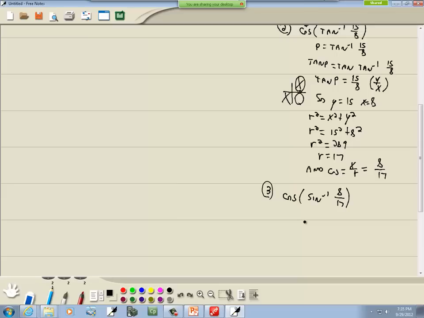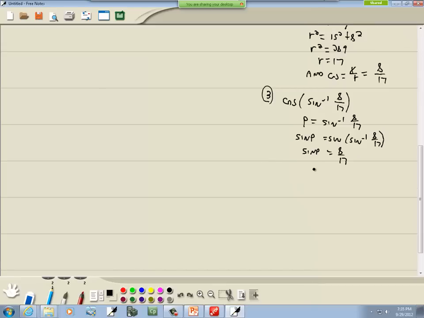Okay, so we set what's inside of parentheses equal to a variable like p. So p is equal to the inverse sine of 8/17. Take sine of both sides, and we got sine p is equal to sine of the inverse sine of 8/17. So we get sine is equal to 8/17.